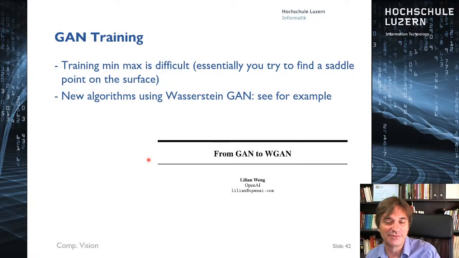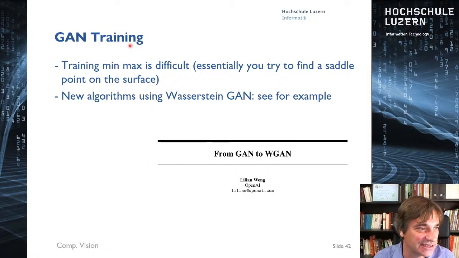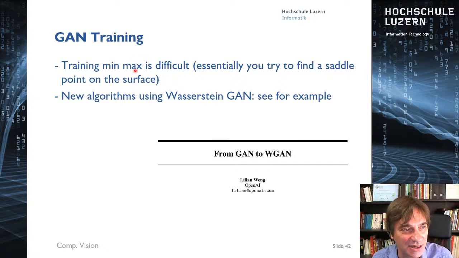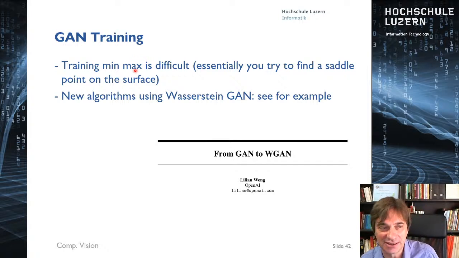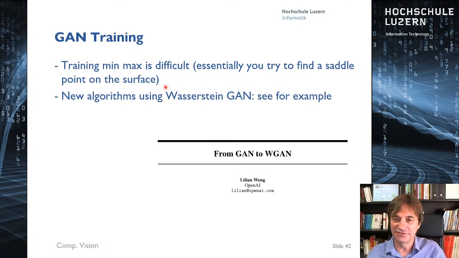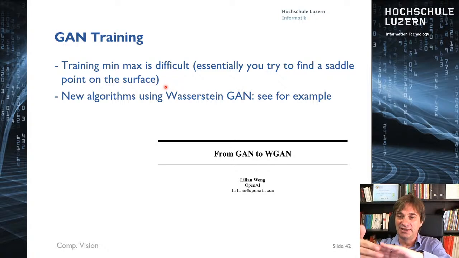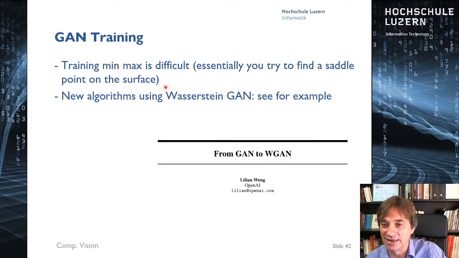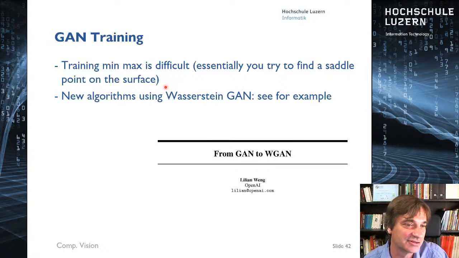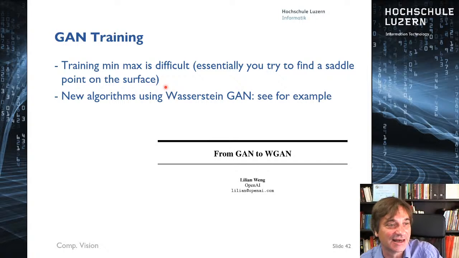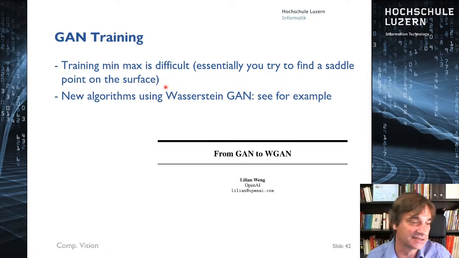One of the problems is that since you train something that is a minimum and a maximum, in that term you essentially have some surface that is like a saddle point. So it's a maximum in one direction and a minimum in the other direction, and this is numerically not so stable, and this is what makes training GANs quite difficult.